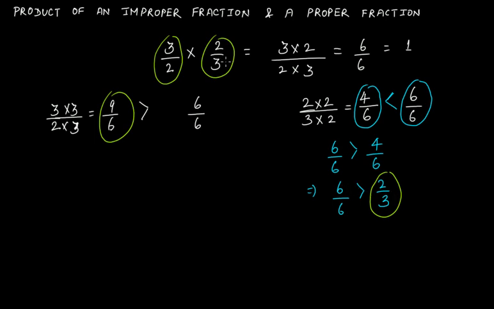That was a proper fraction. And 6 by 6 was less than 9 by 6. That means it is less than 3 by 2, that is an improper fraction. It means that when you multiply an improper fraction and a proper fraction, the outcome will be smaller than the improper fraction, but greater than this proper fraction.